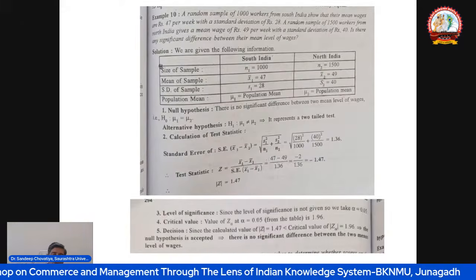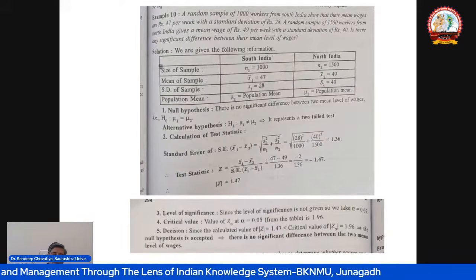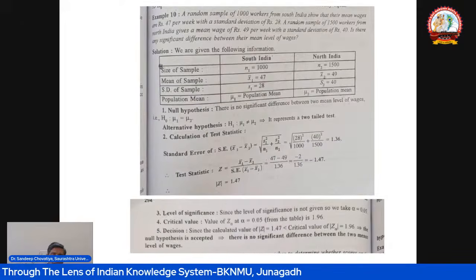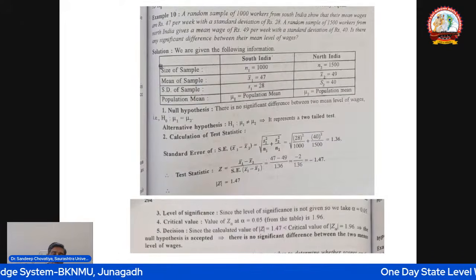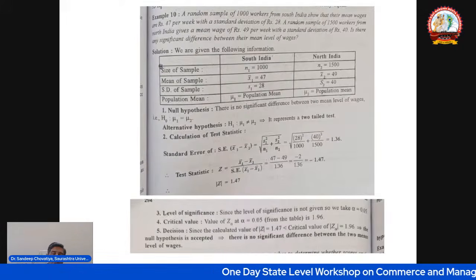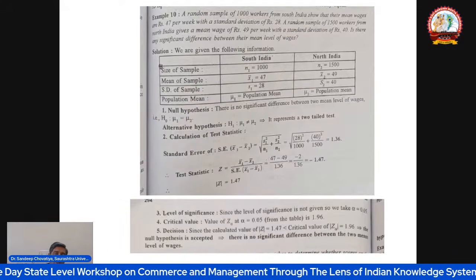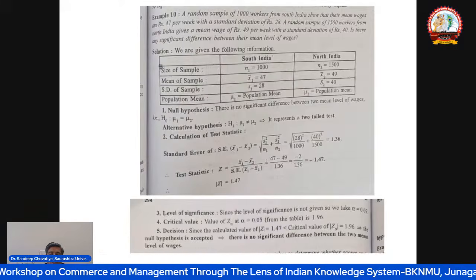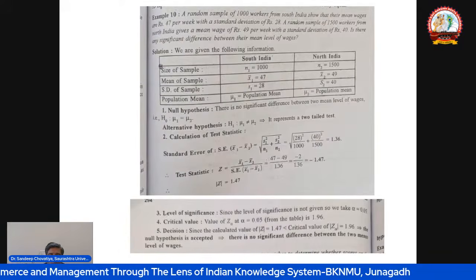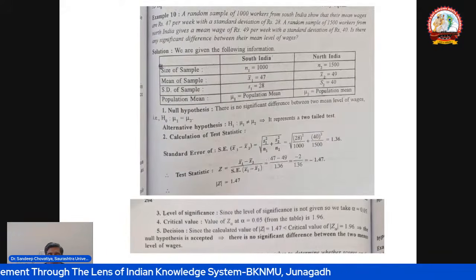So when you perform this specific test, you find that the calculated z value is 1.47. So with the 5% level of significance, the tabulated value, which is z alpha, is equal to 1.96.